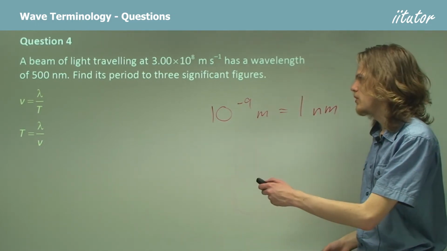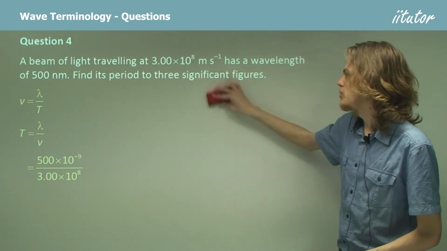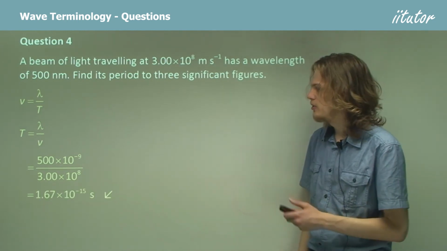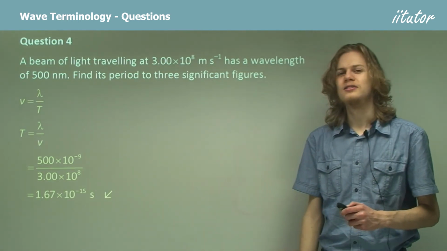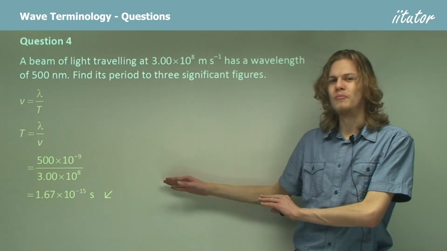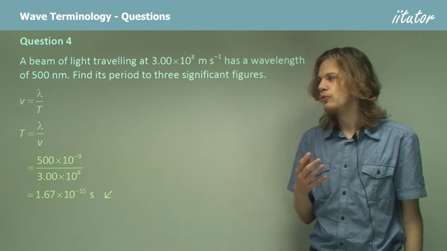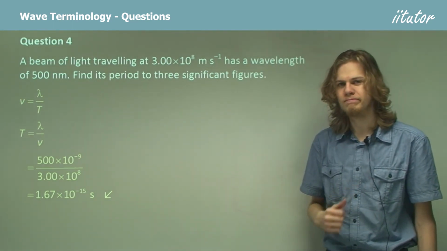So, you can substitute in these values. 500 nanometers over the speed of light, which should give us its period. That'll turn out to be 1.67 times 10 to the minus 15 seconds, which is an incredibly small amount. Beams of light have very, very small periods, and it's often more useful to measure them in terms of their wavelength than in terms of their period.